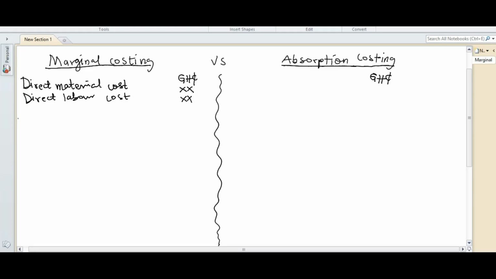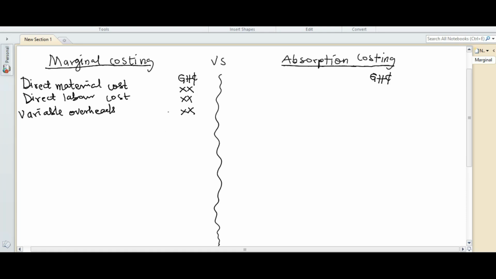Then we also have variable overheads. Then my variable overhead will also be here. When you come to the marginal and the absorption costing, the main difference is in how fixed overhead is treated.